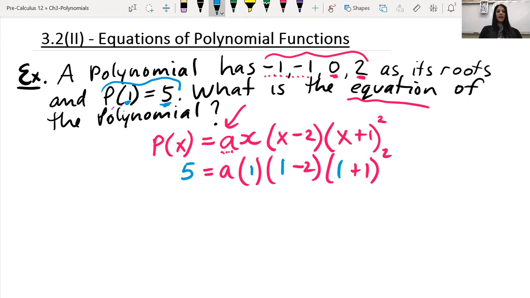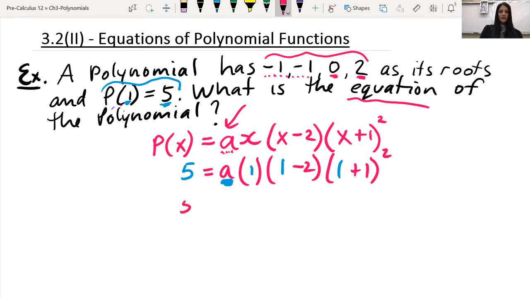So basically, I just took this information that was given to me, that p of 1 equals 5, and I've just plugged it directly into the equation because take a look at the equation now. We notice that the only variable that's remaining is the a value, which lets us know that we can start to clean things up and isolate the a to figure out what the value is going to be.